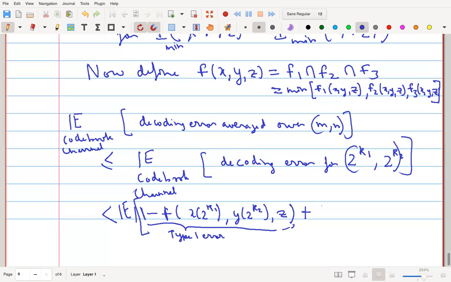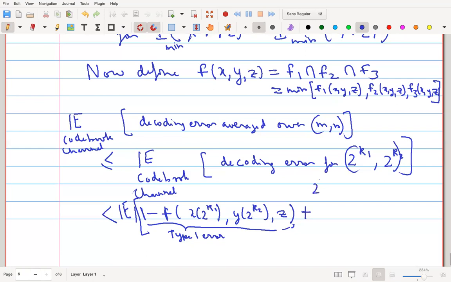Type 2 error is Charlie mistakenly accepting one of the earlier candidates. Let us analyze that. So what are the earlier candidates? There can be some m comma n prime, m prime comma n, and so on. One candidate is that Charlie accepted a message pair m comma n where m is different from 2 to the R1 and n is different from 2 to the R2.